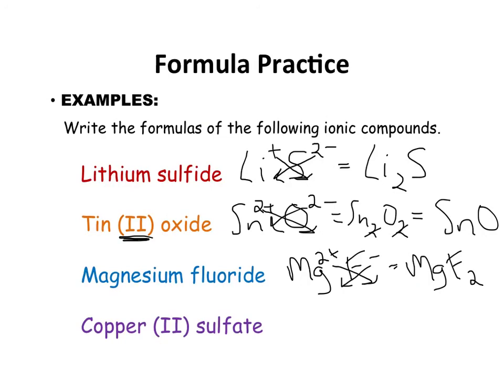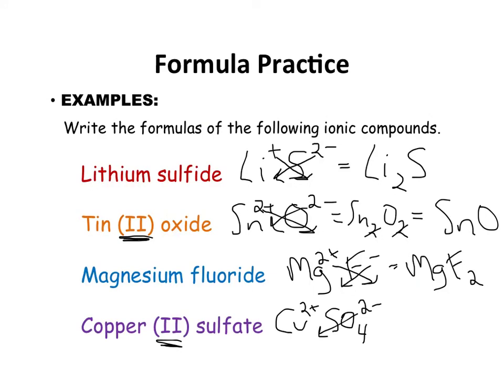Last example, copper(II) sulfate. Symbols, charges, crisscross, simplify if you can. Symbol for copper, Cu. Sulfate is a polyatomic ion. It does not end in IDE, so it's not just the element. It's a polyatomic ion, and sulfate's SO4. So now we do the charges. Copper is a 2 plus because it's in parentheses. Sulfate is 2 minus. That's the charge of the polyatomic ion.